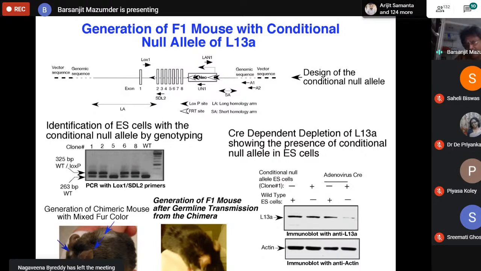And then this guy, the chimeric mouse, was born. You can see this mixed fur color. That means this mouse got the genomic DNA from the ES cell. This color is the marker of this construct.